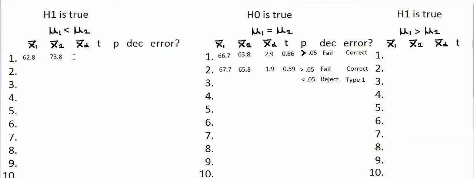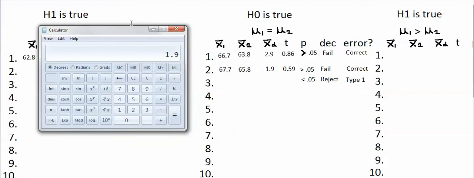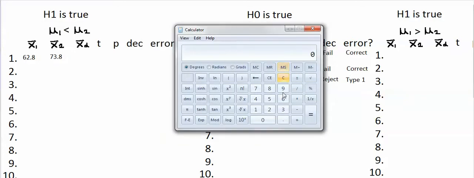And for the difference, you have to subtract the first one by the second one.